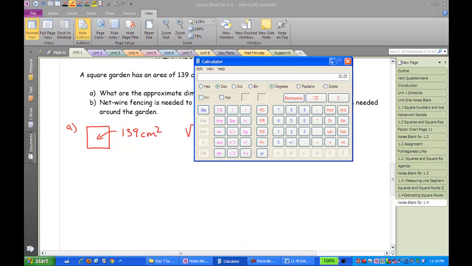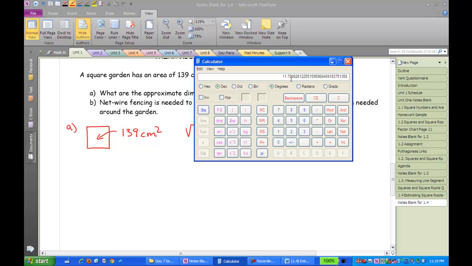Usually a calculator is going to have a square root button on here. This one doesn't, the computer one. But I can type in 139, and I'm just going to click this little inverse key here. And I'm going to do the inverse of squaring a number, which is the square root. And it's going to show 11.789.